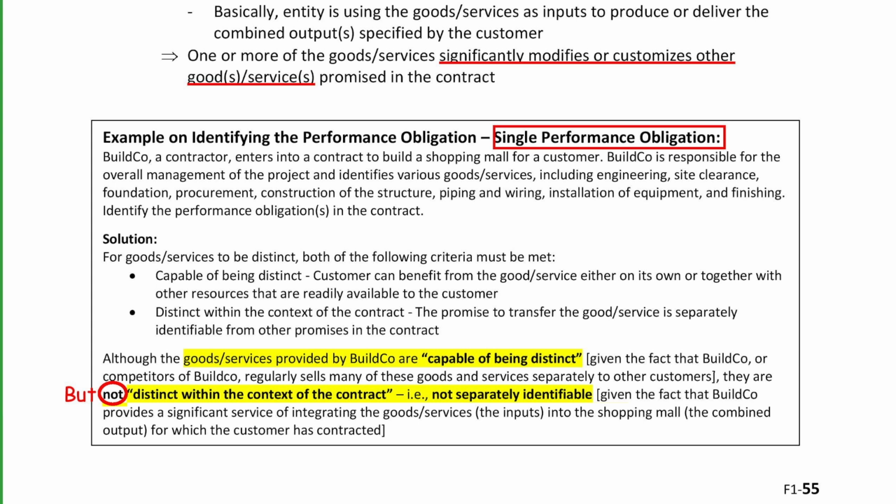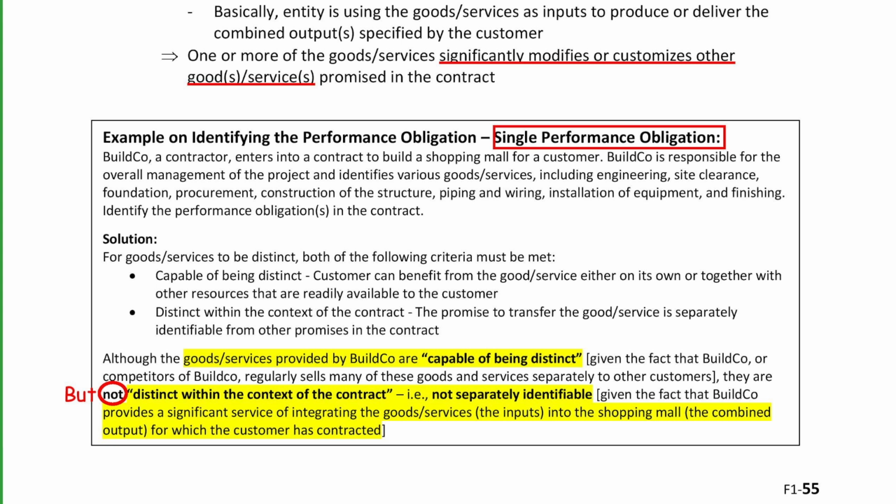That means not separately identifiable, given the fact that Buildco, highlight, provides a significant service of integrating the goods or services, the inputs into the shopping mall, the combined output for which the customer has contracted.